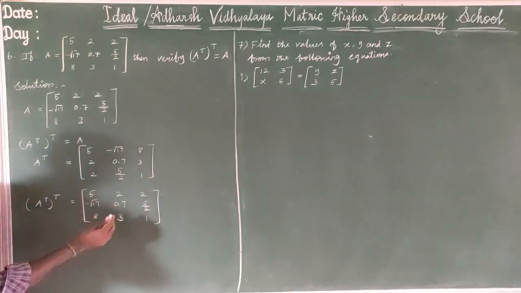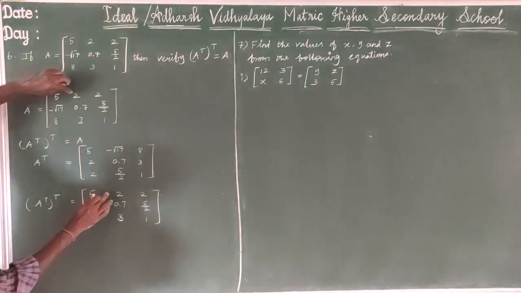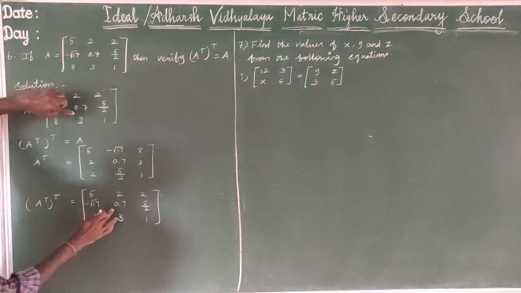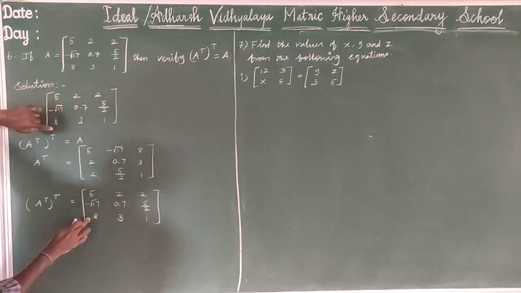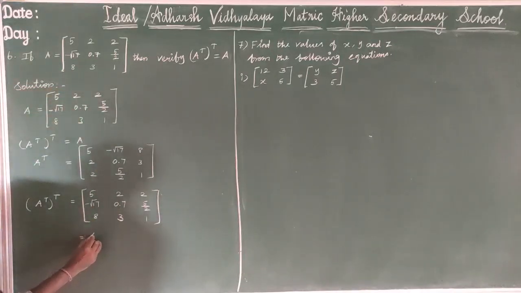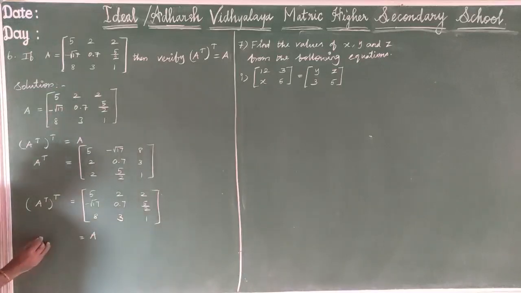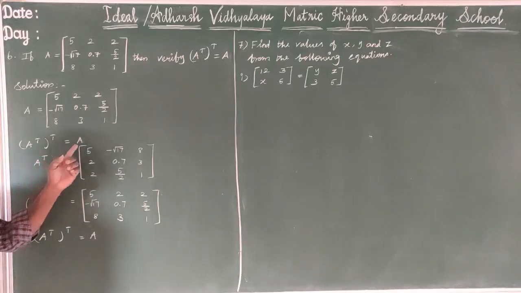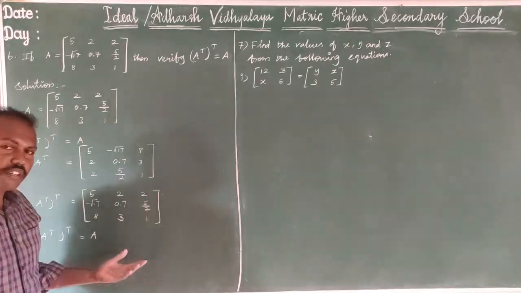That is equal to A: 5 2 2 minus root 17 0.7 5 divided by 2 8 3 1. Therefore A transpose whole transpose is equal to A. That's all. Left hand side equals right hand side. Hence it is proved or verified.